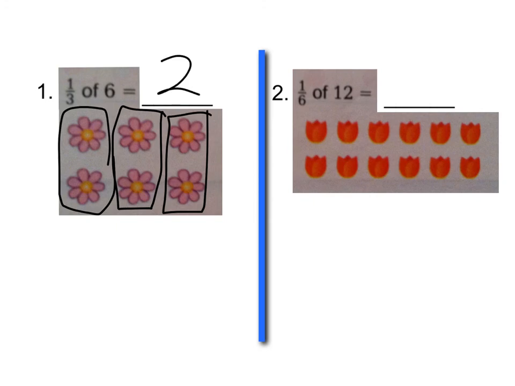Now let's take a look at number 2. There are 12 flowers altogether for number 2. And we want to split them into 6 equal groups.